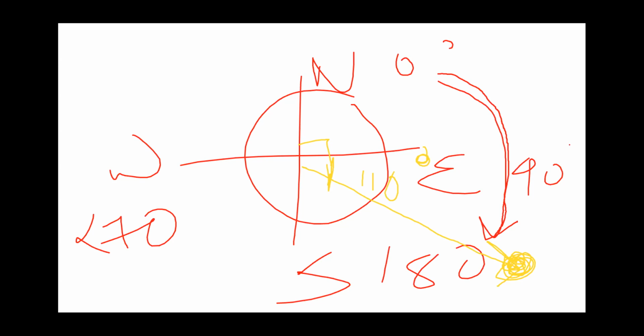If your animal is here, from north it is roughly at 45 degree. That is how you look at the compass when you follow a line transect.